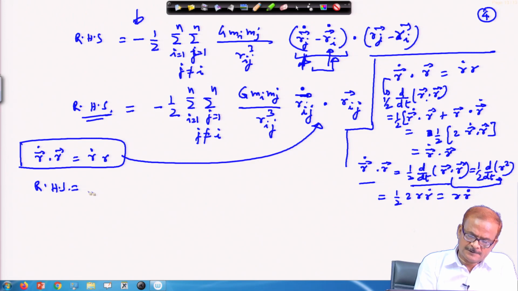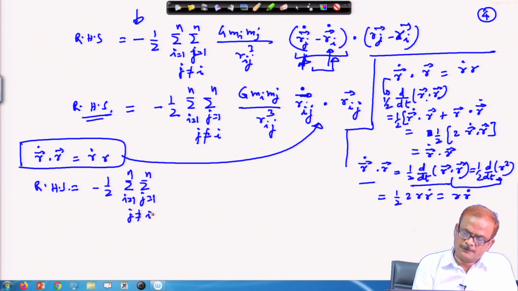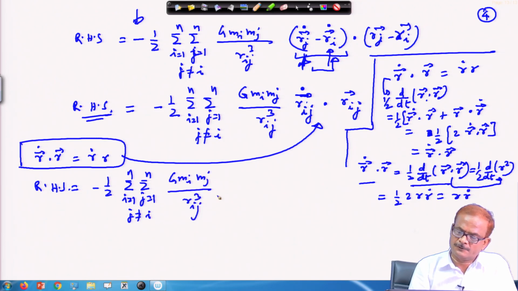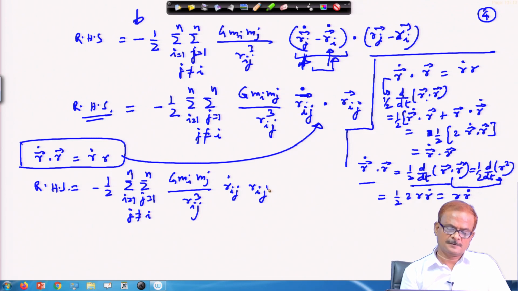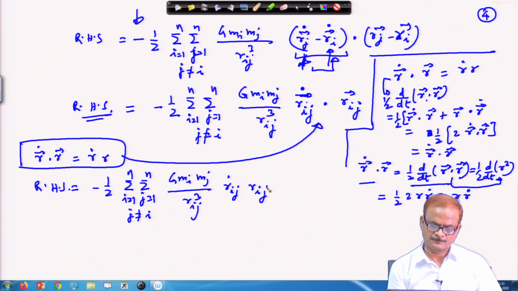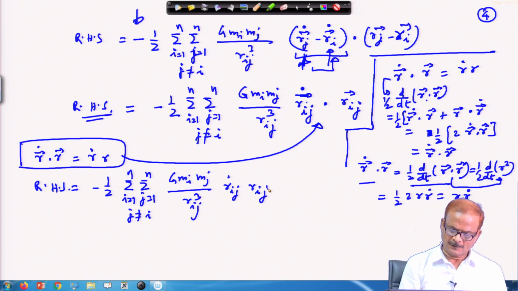And therefore, our right hand side gets reduced to minus 1 by 2, sum over j not equal to i, G m i m j r i j whole cube, and this gets reduced to r i j dot r i j. And r i j here is also in the denominator.